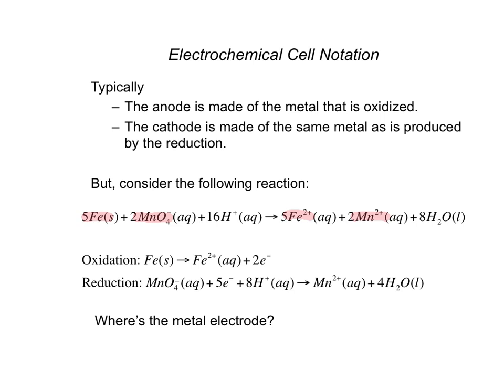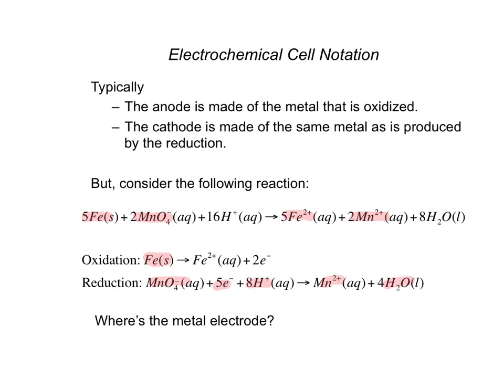we have the oxidation, and we have our nice little anode in the form of iron solid, but where's the metal for the reduction half reaction? In the reduction half reaction, we've got this permanganate, 5 electrons, some protons going to Mn2+ and 4 waters. So where is the overall metal for this? There is none, right?